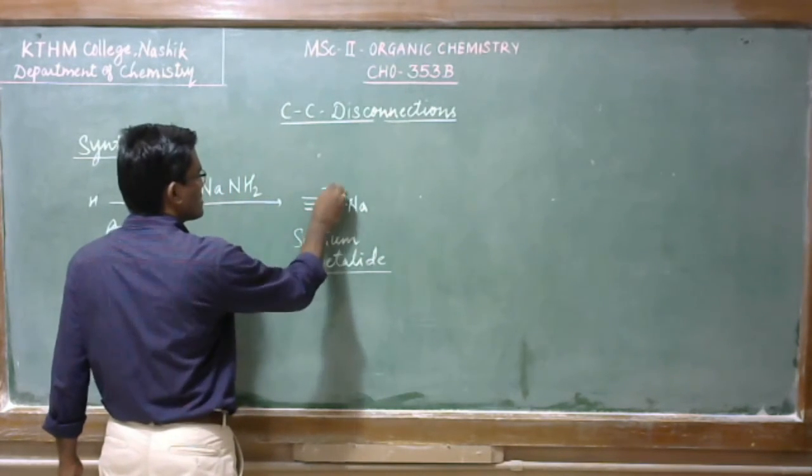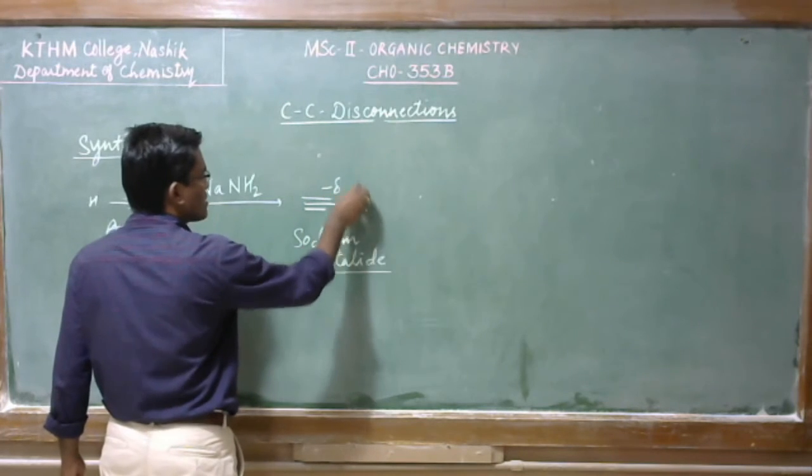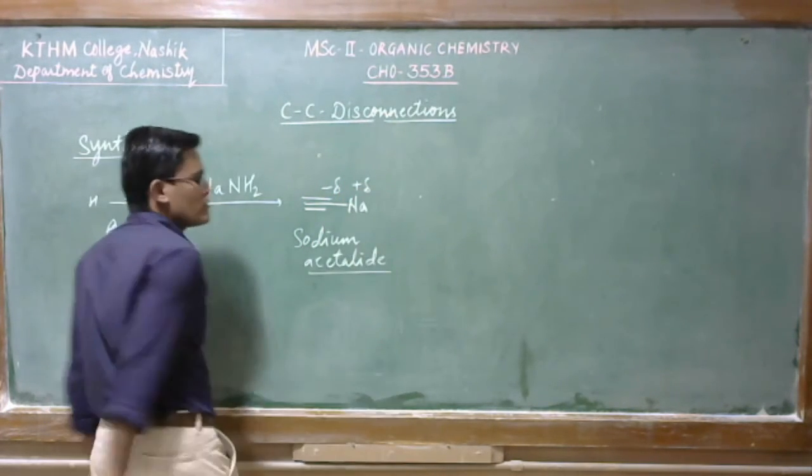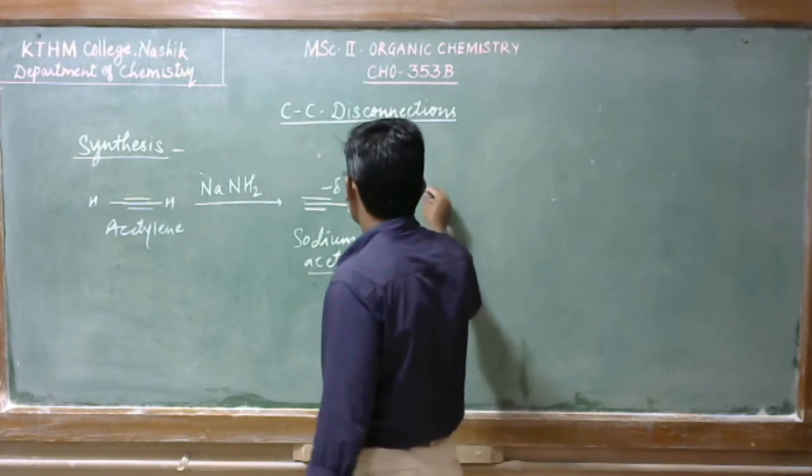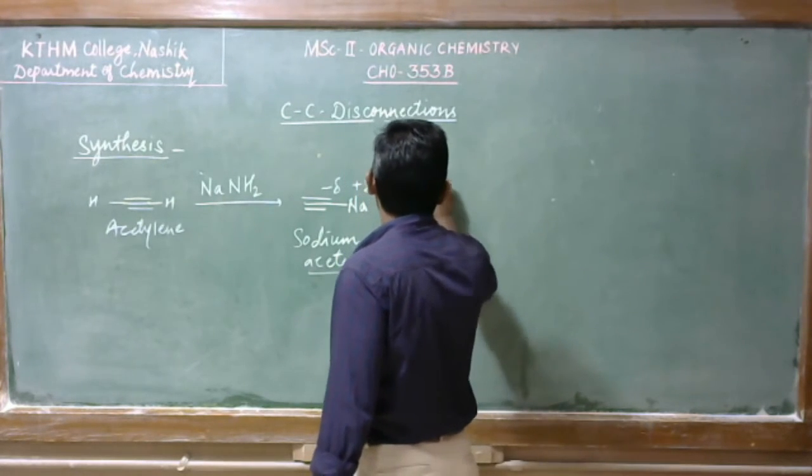That means this carbon will have a partial negative charge and this one a partial positive. In the next step, this is a substitution reaction, so we have ethyl bromide.